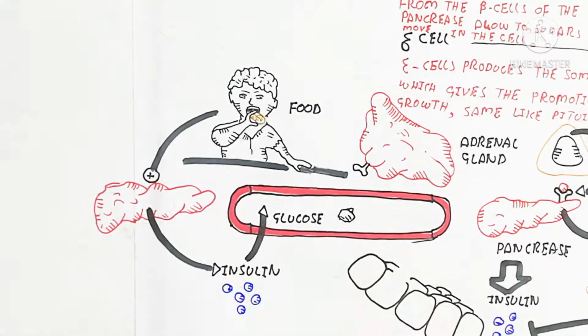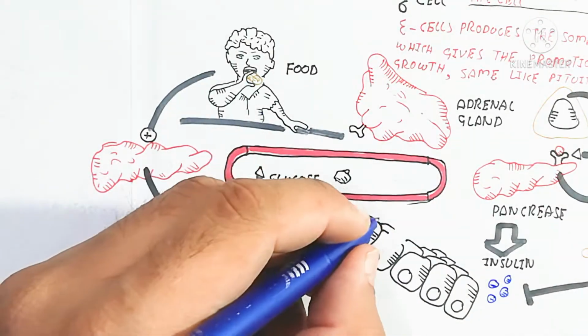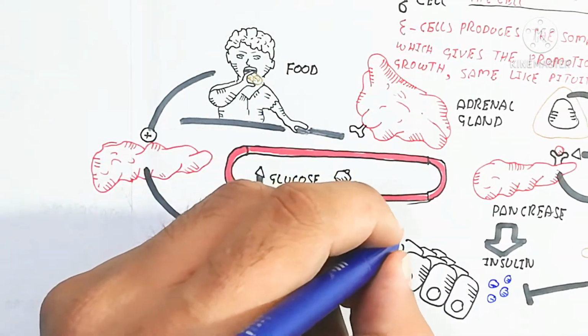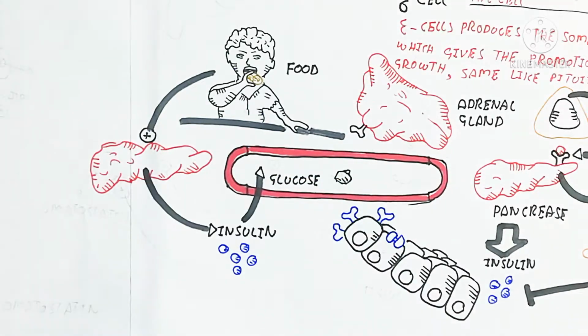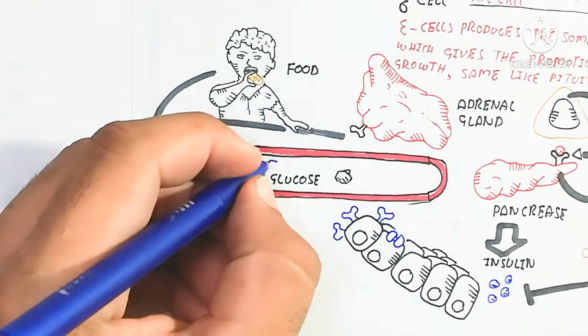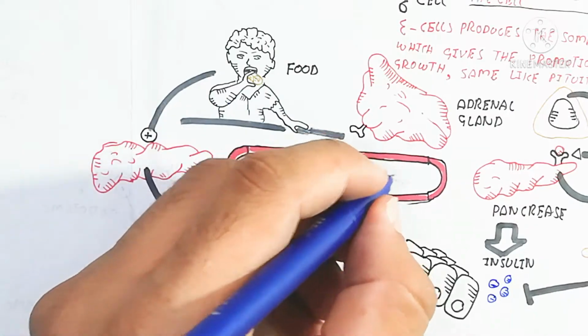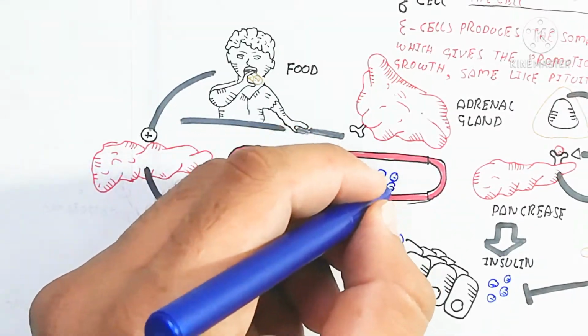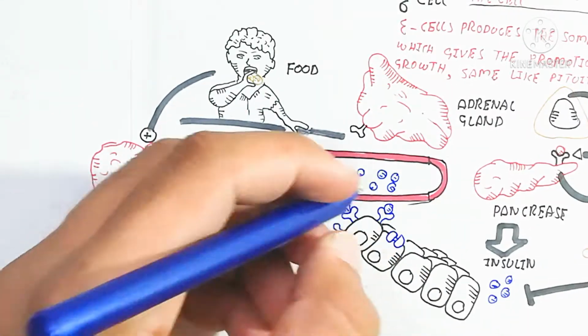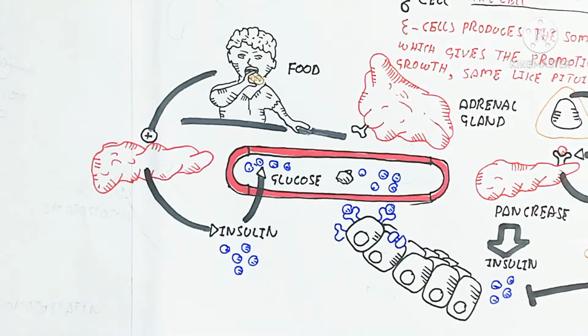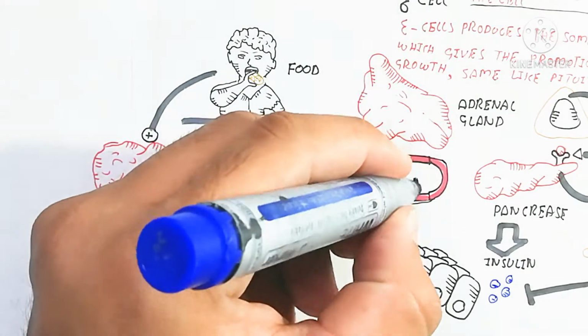The adipose tissue, liver and muscle cells contain receptors, and the receptor binds the insulin. Insulin is the primary ligand, the primary messenger, which facilitates sugar moving inside.